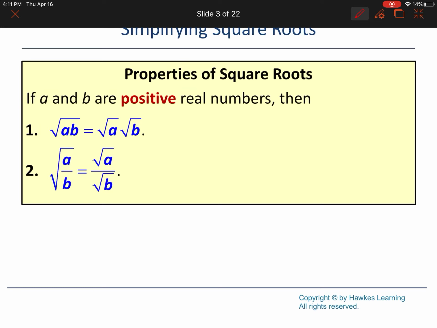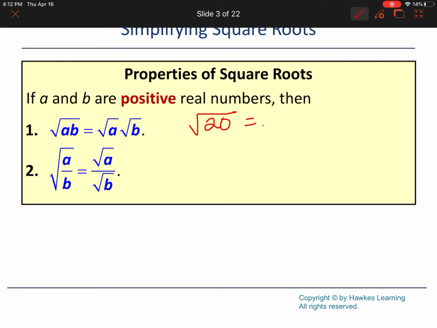So here's the basic important property here, and that is that if you have two positive numbers multiplied together under the radical, then you can break them up. And so that becomes important because if you have a number, say, like 20, suppose we have the square root of 20, well, I can think of that as different kinds of factors.